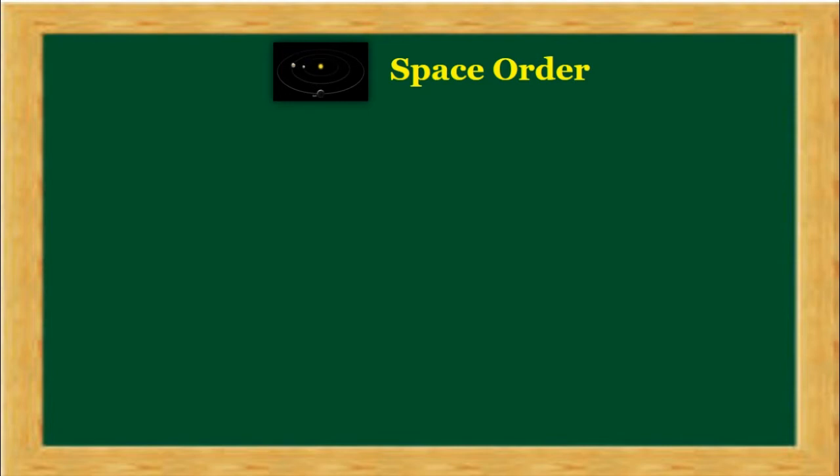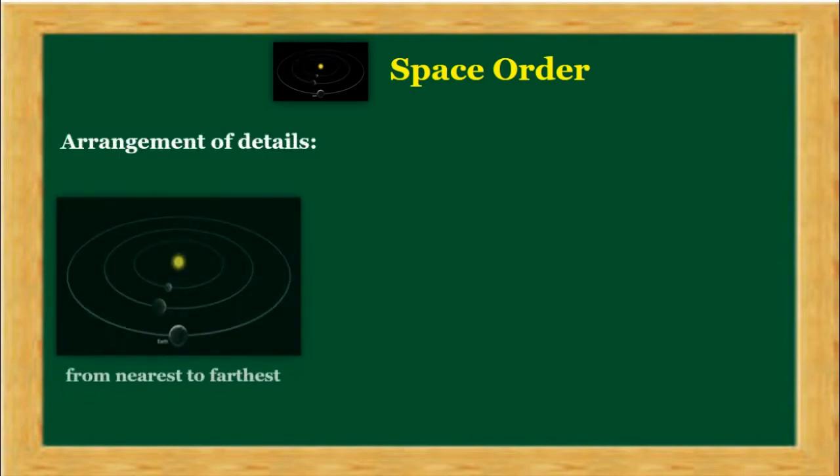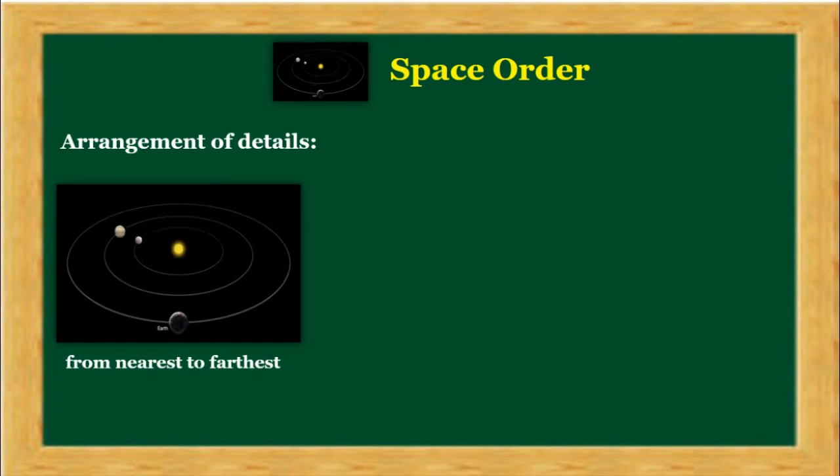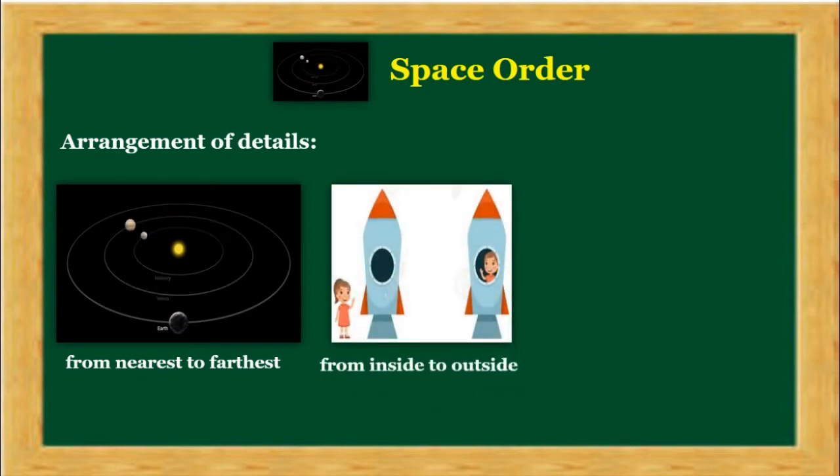The following are common arrangements for paragraphs developed by space order. First, from nearest to farthest or from farthest to nearest. Second, from inside to outside or from outside to inside.